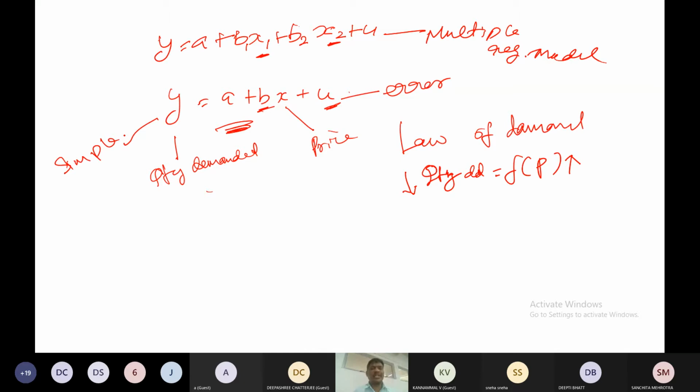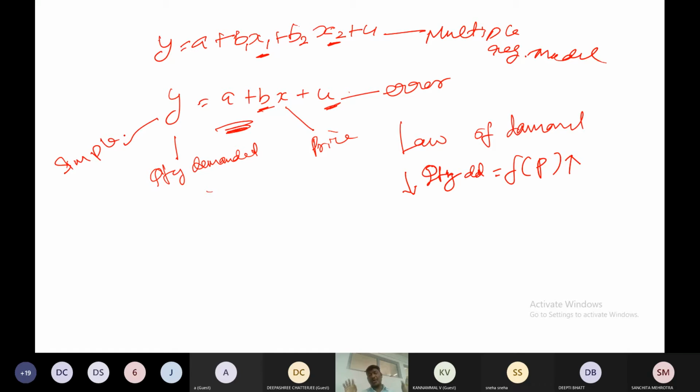We are going to estimate the simple and multiple regression models. This is the base for n number of regression models, whether it is a logit model, an ordinal regression model, or exponential or polynomial.